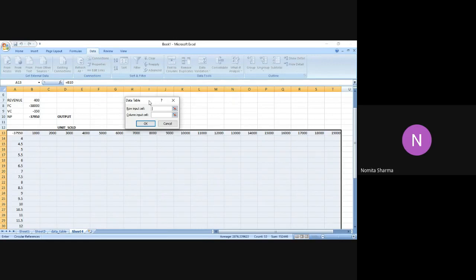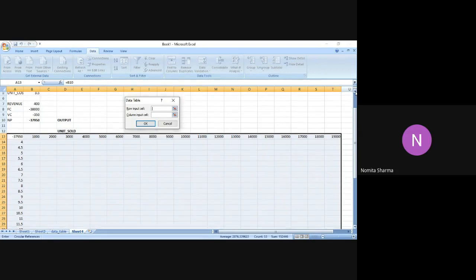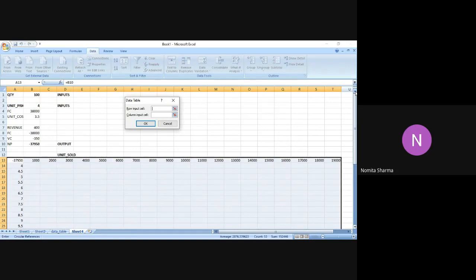So first is the row input, which is nothing but the quantity which I want to change, and second is the column input, which is nothing but the price which I want to change. So in the row input, I say, I'm going to have the quantity sold. So let me select this, and in the column, I say the unit price.